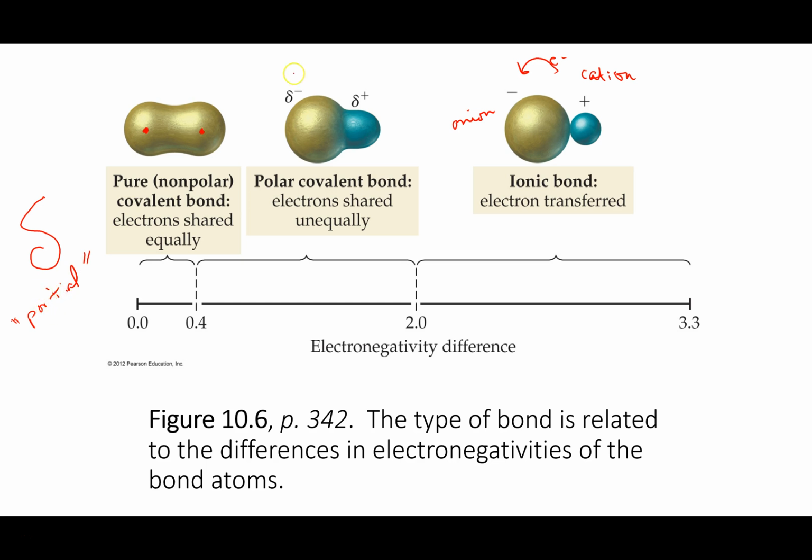So when I look at this symbol up here, I have a partial negative. And here, the blue, I have a partial positive. Partial meaning an electron didn't really jump ship, but it's living more over on the left atom, making the left atom partially negative.